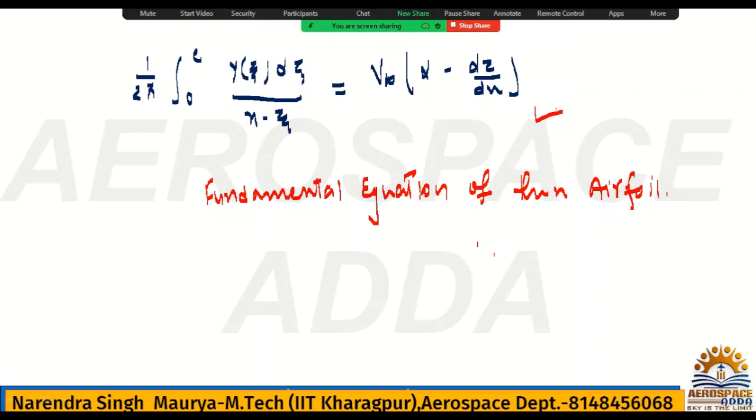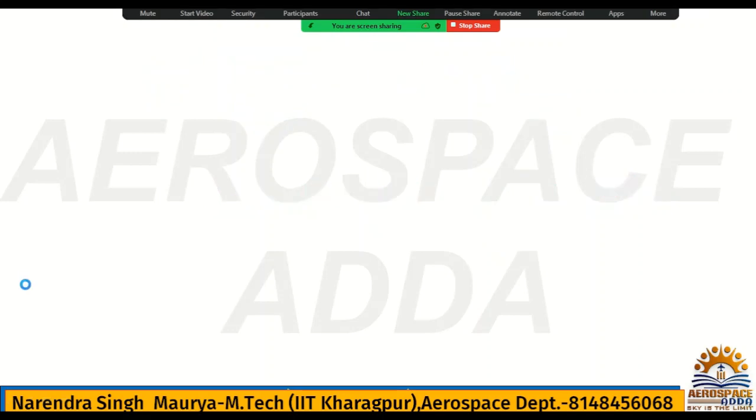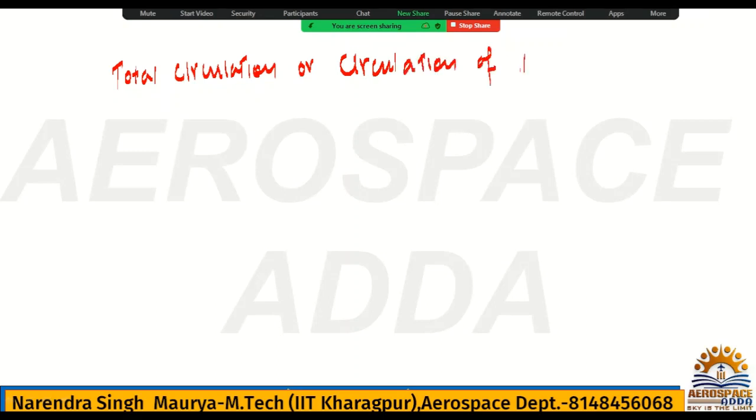Before calculating the lift coefficient, we have to get the value of total circulation. So let me write here: total circulation, or circulation of thin airfoil.